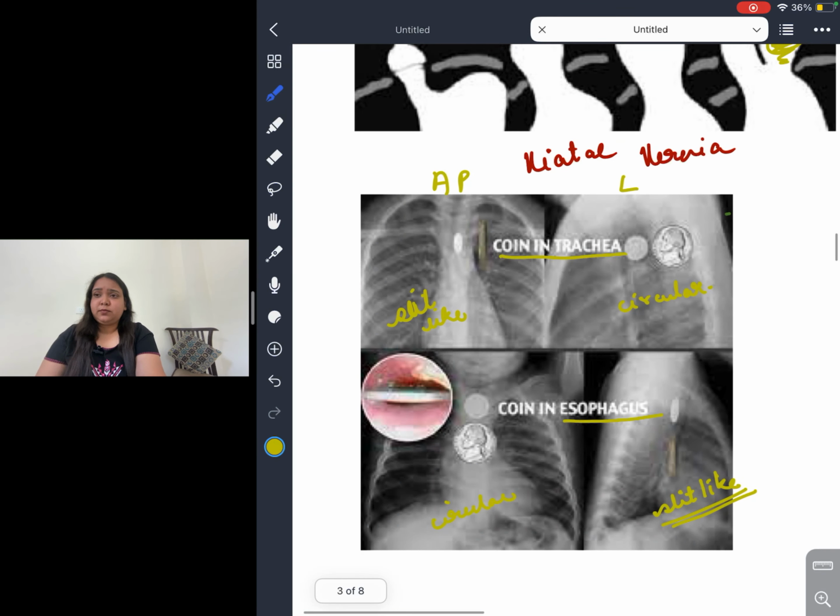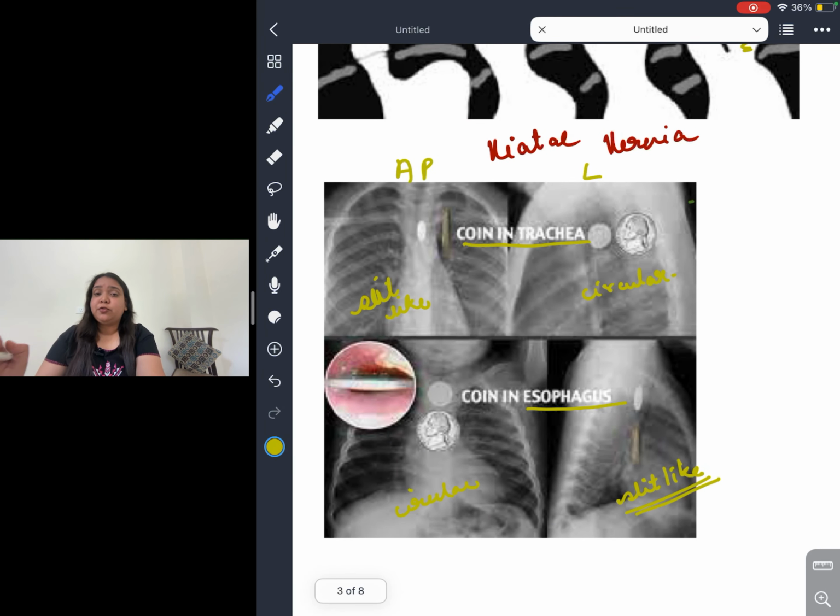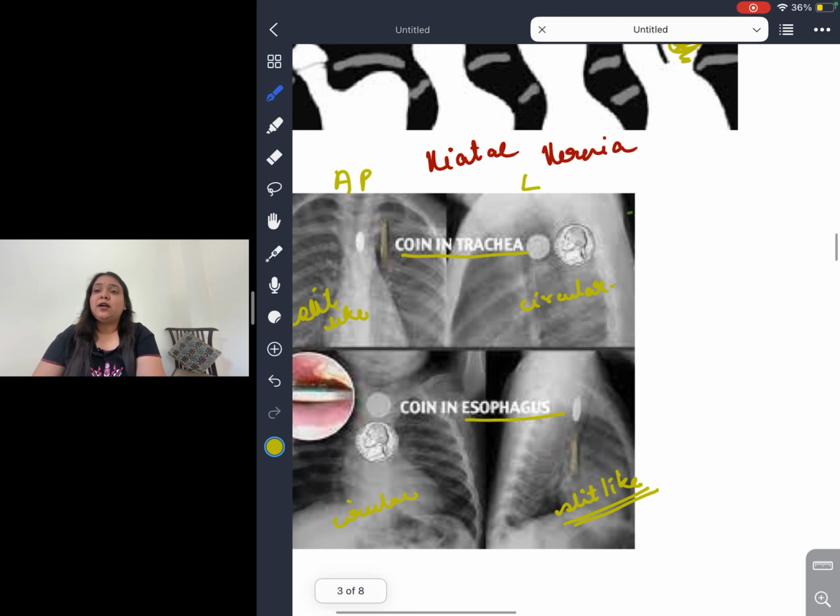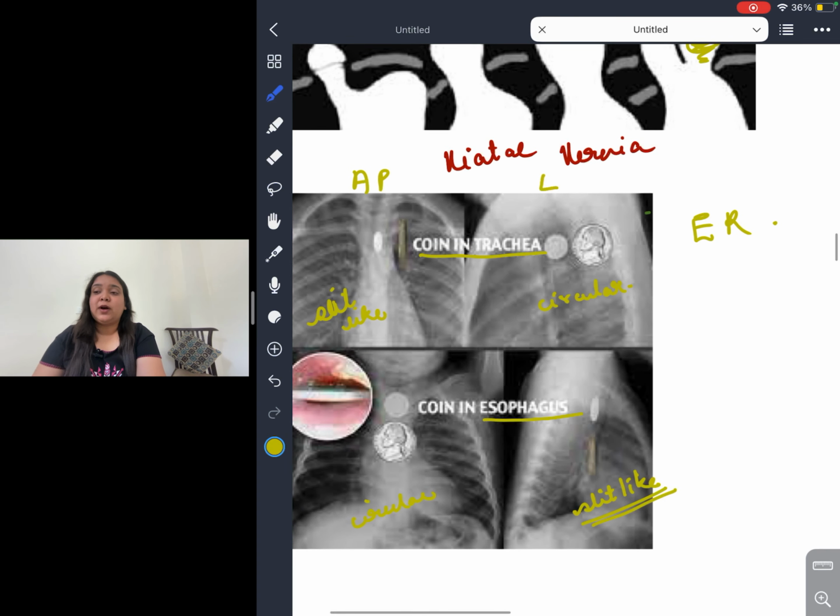So what treatment should you give this patient? If any foreign body is in the trachea or bronchi, you have to go for endoscopic removal. If it is in the esophagus, you have to check if the foreign body is below your cricopharyngeal sphincter or not.